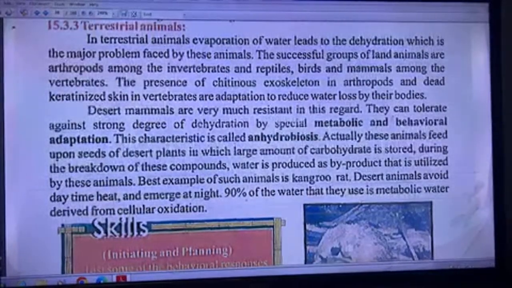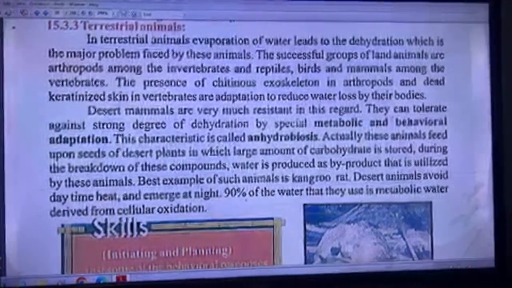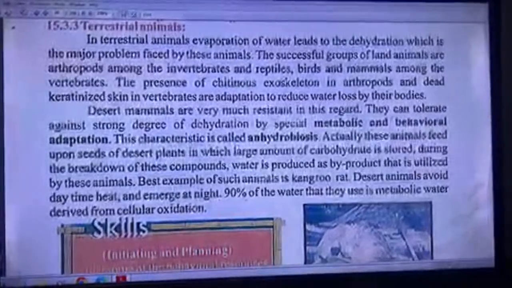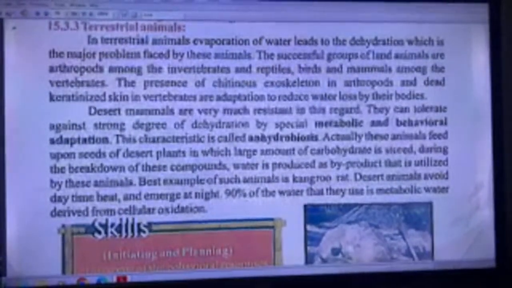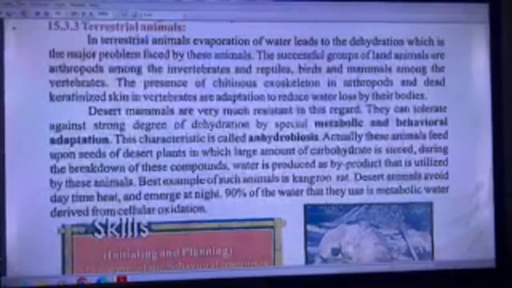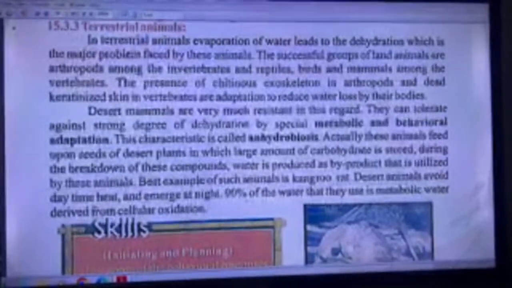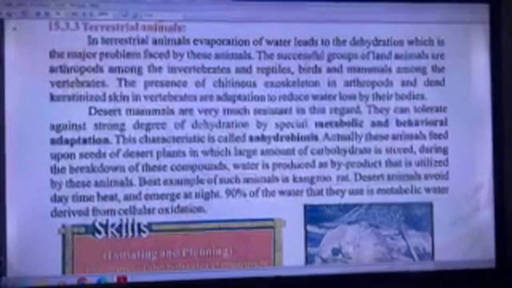Desert mammals are very much resistant in this regard. They can tolerate a strong degree of dehydration by special metabolic and behavioral adaptations. This characteristic is called anhydrobiosis. Actually, these animals feed upon seeds of desert plants in which a large amount of carbohydrate is stored.